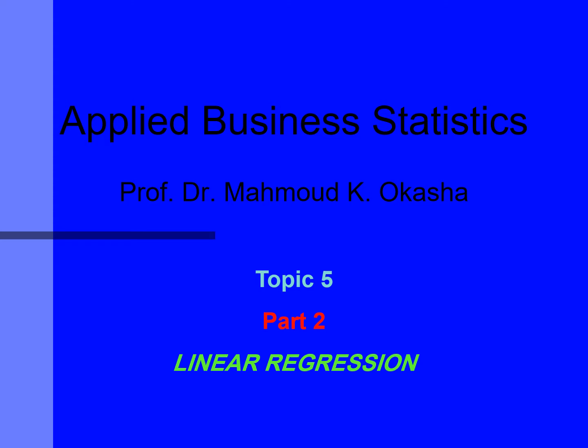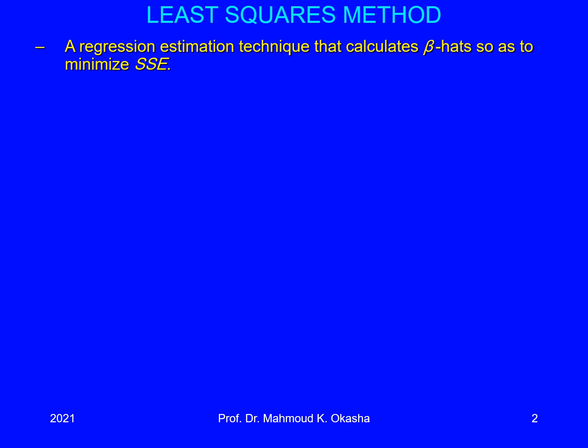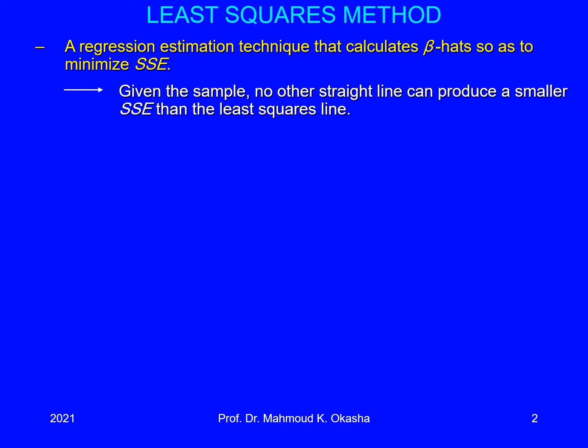This method of estimation of beta naught and beta 1 is called the method of least squares, a regression estimation technique that calculates beta hats, beta naught hat and beta 1 hat, the estimates of beta naught and beta 1, so as to minimize SSE, the error sum of squares or residual sum of squares.